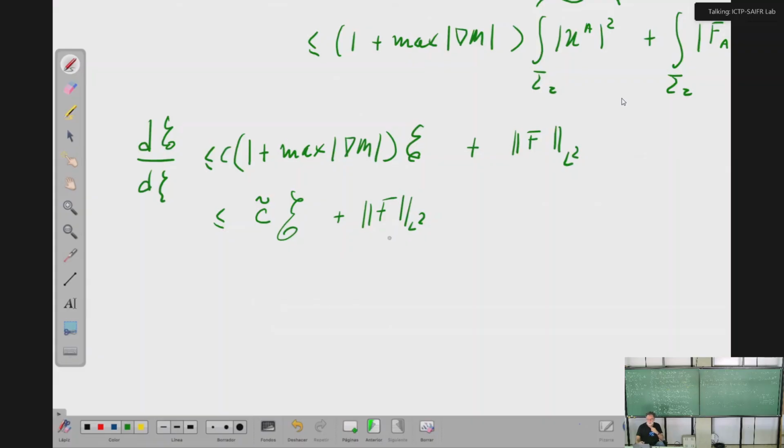So that says that the energy will be bounded by Y. What is Y? Y is the solution of the equation with equality.